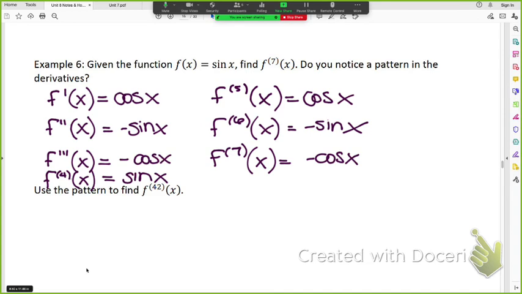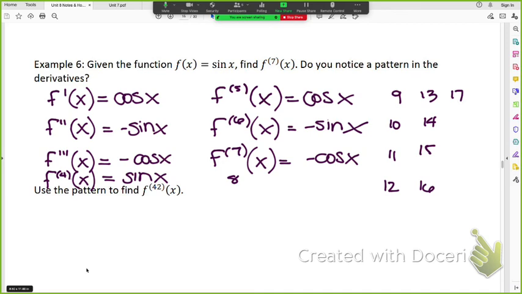If you just recognize that the derivatives go in sets of 4, you're essentially just saying, where does 42 fall in the set of 4? I wouldn't even follow this down and do every derivative. I would just know 8, and then think through 9, 10, 11, 12, 13, 14, 15, 16, and so on.